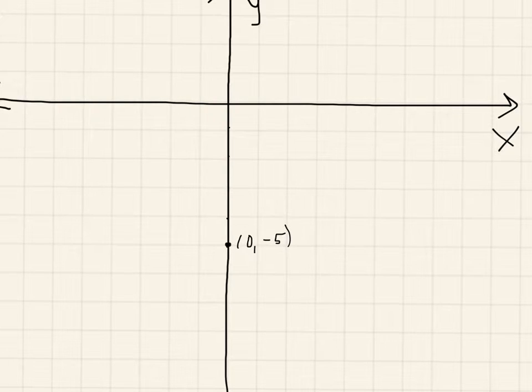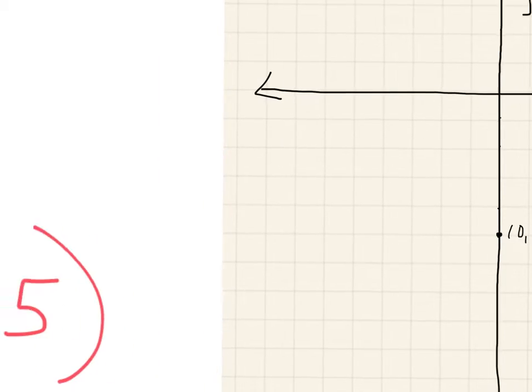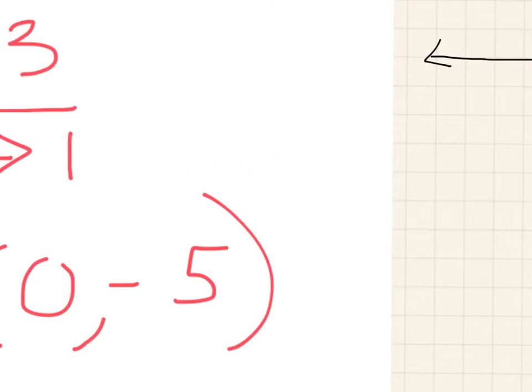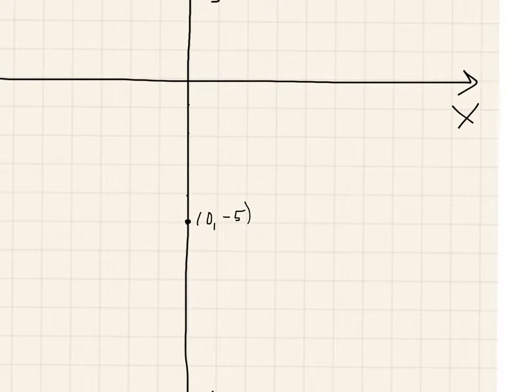My slope was positive 3, so I'm going to go up 3 and to the right 1. So 1, 2, 3 up, and 1 to the right.